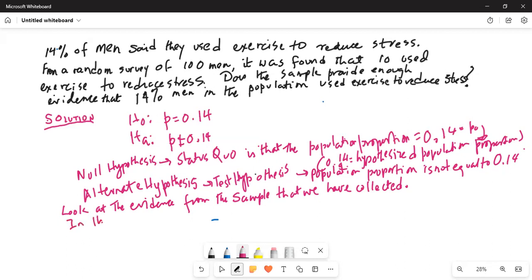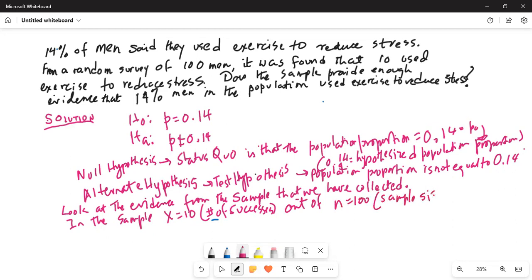In the sample, X is equal to 10, also called number of successes, out of N equal to 100 sample size. Use exercise to reduce stress.